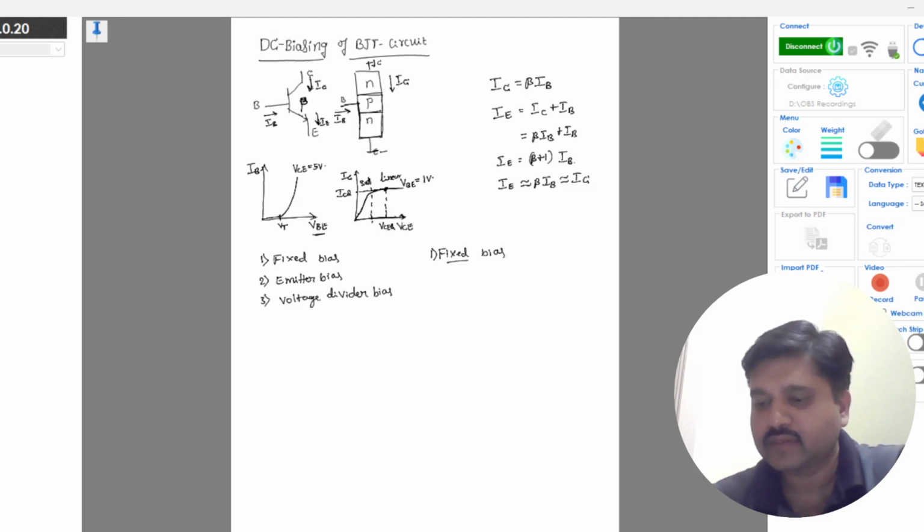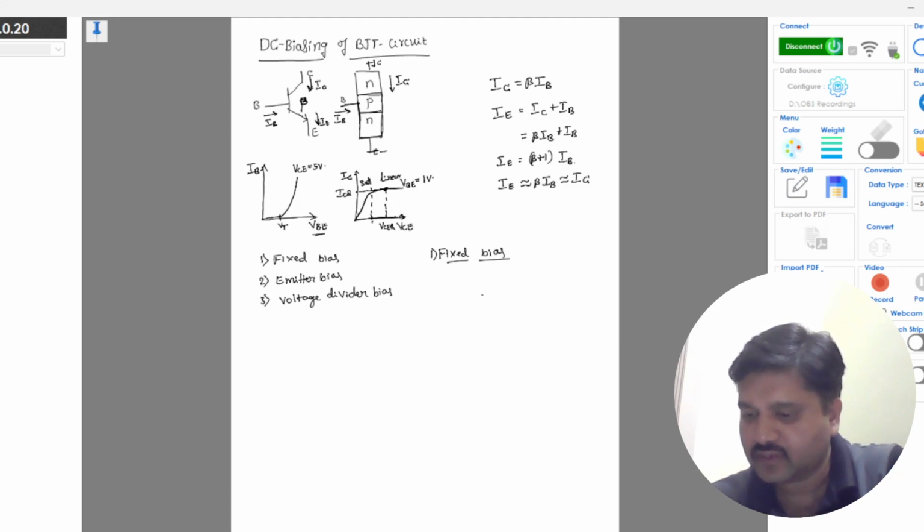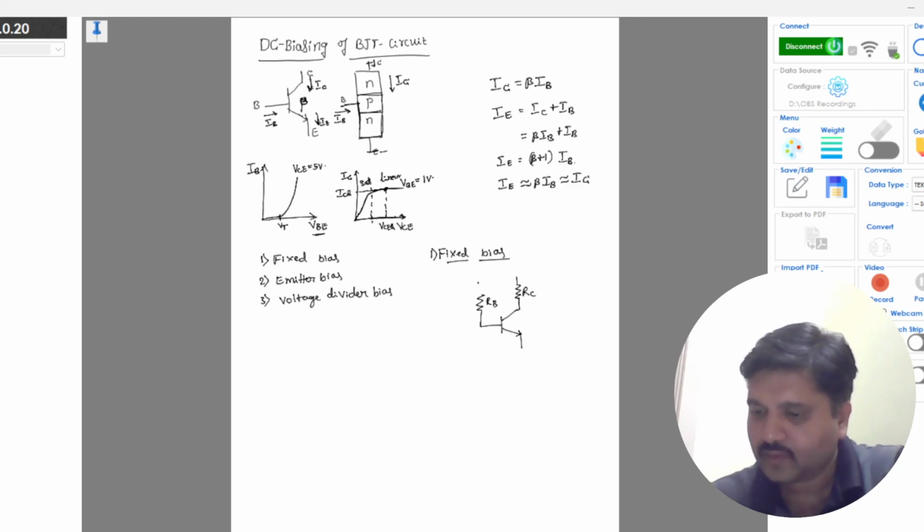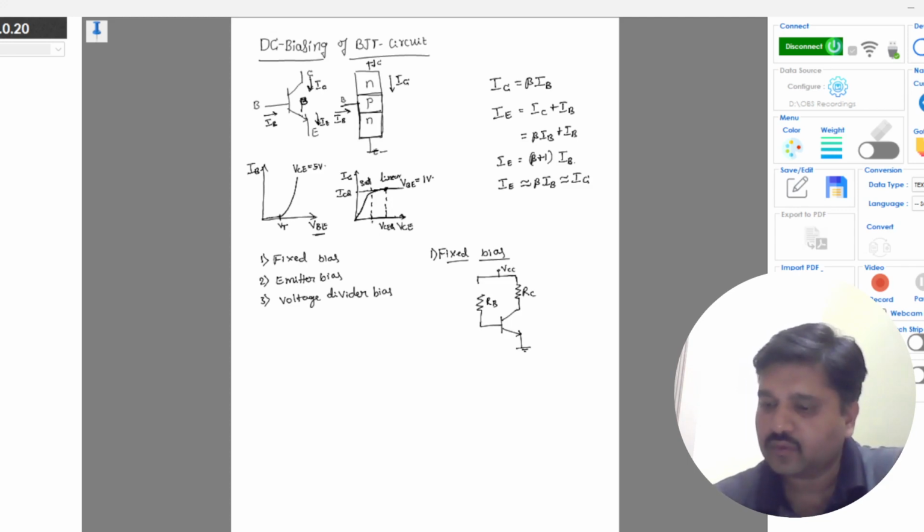Fixed bias circuit. We will take a simple fixed bias circuit for an NPN transistor again. This is RC, this is RB, and this is VCC, and the emitter is common for both input and output.